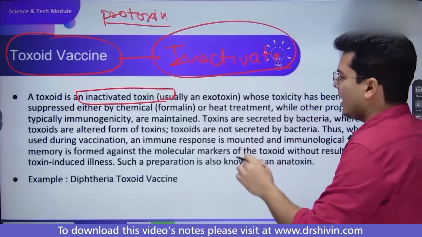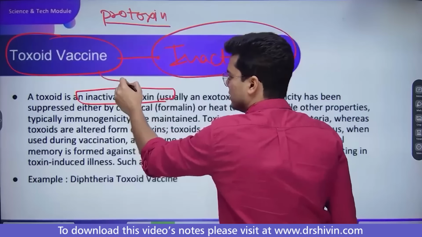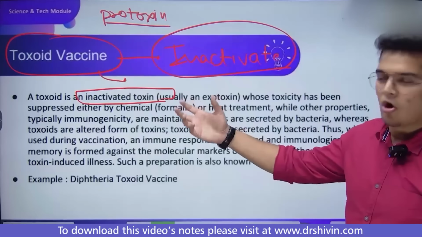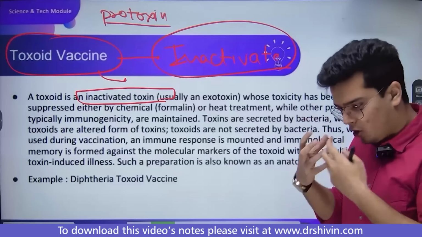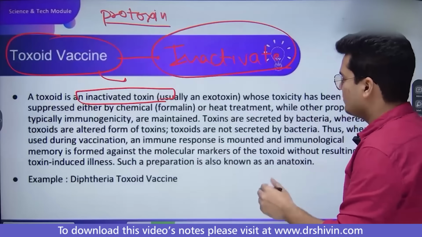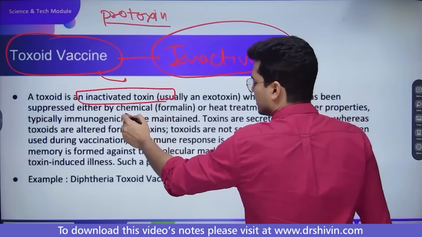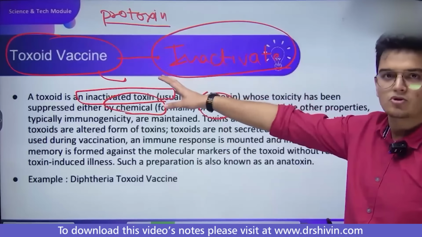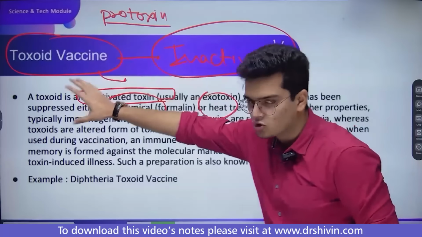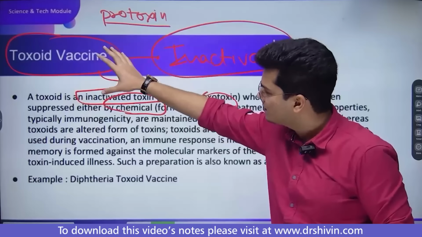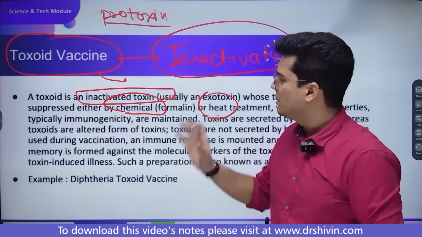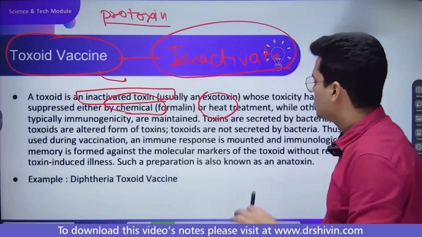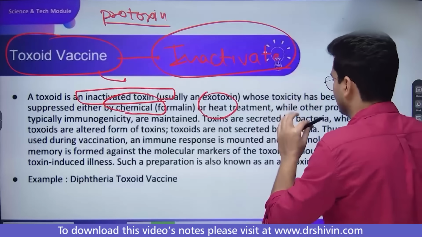If I suppress the ability of the toxin to cause any disease or toxicity, it will be called toxoid. It can be done either through a chemical method or a heat method. Either I apply a chemical on it or I apply heat, so that the thing that causes toxicity gets finished, it gets inactivated, and it will be called toxoid vaccine.